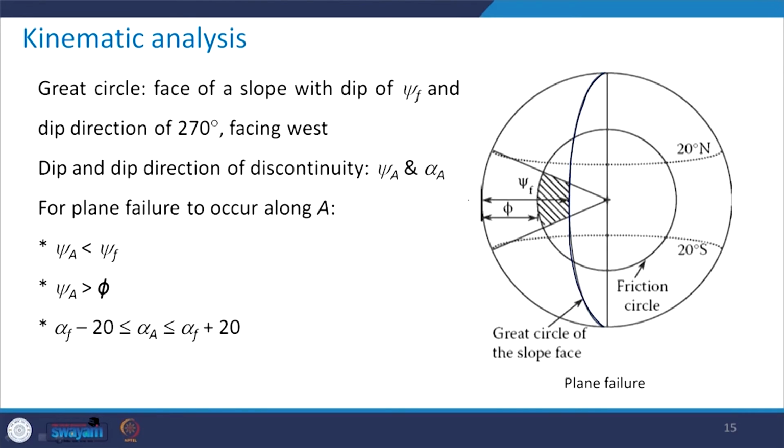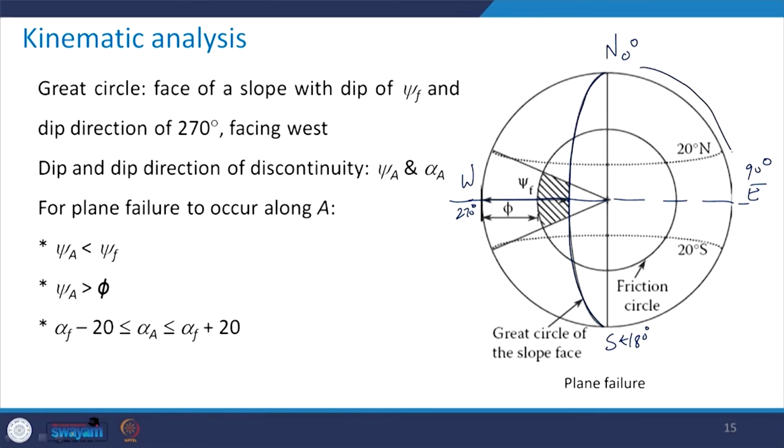If you try to draw a radial line, it coincides with this; let us say this is north, south, and I extend this east and then west. If you remember the stereonet, here it is 0 degree, then 90 degree, 180 degree here, and this angle is 270 degree. So, in this case, this slope face has a dip direction of 270 degree.